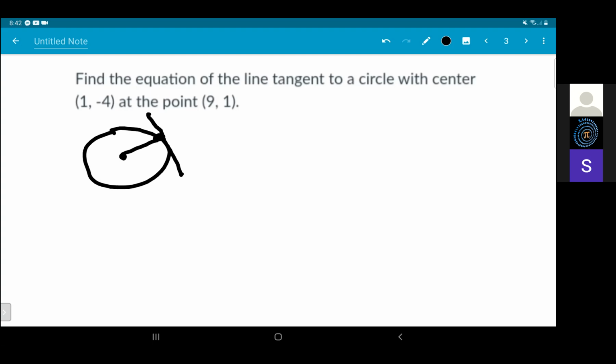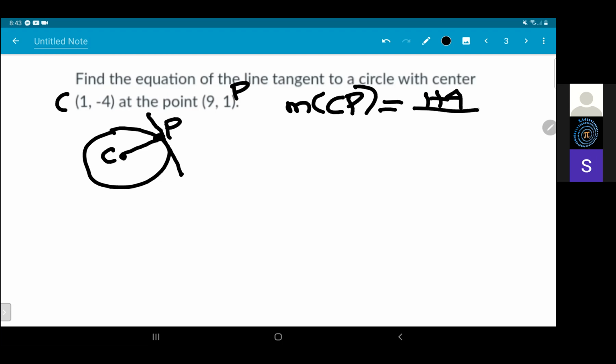So now that we are given the coordinates of the center and the point of tangency, which are these two points here, we just get the slope of CP. Slope formula: (1 plus 4) over (9 minus 1), so that's 5 over 8. Some forgot to take the negative reciprocal.